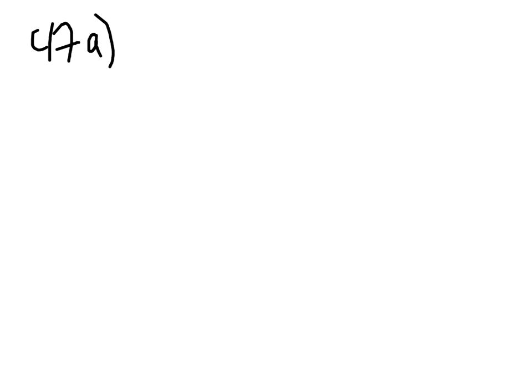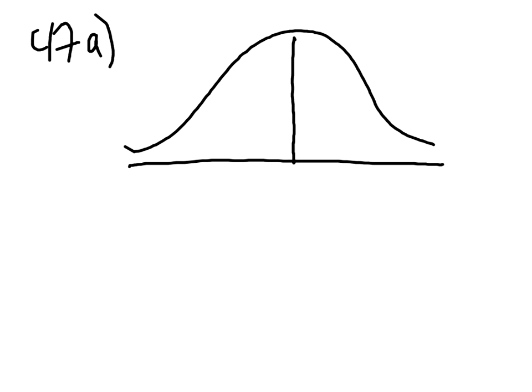And 47A says, find a z-value to the left of the mean so that, let me just, before it gets too wordy here, let's say there's a z-value to the left of the mean, and we want there to be 0.9887 of the area to the right of it.